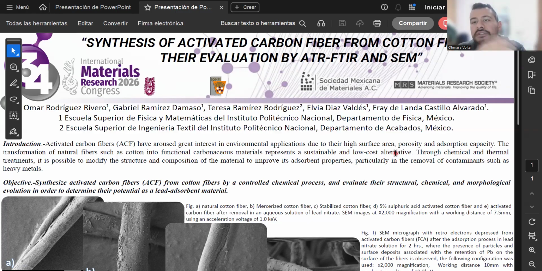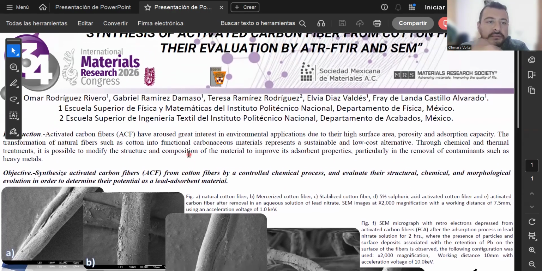How to start this? Through a chemical and thermal treatment it is possible to modify the structure and composition of the material to improve its adsorption properties, particularly in the removal of contaminants such as heavy metals in wastewater, for example, lead or cadmium or different heavy metals.